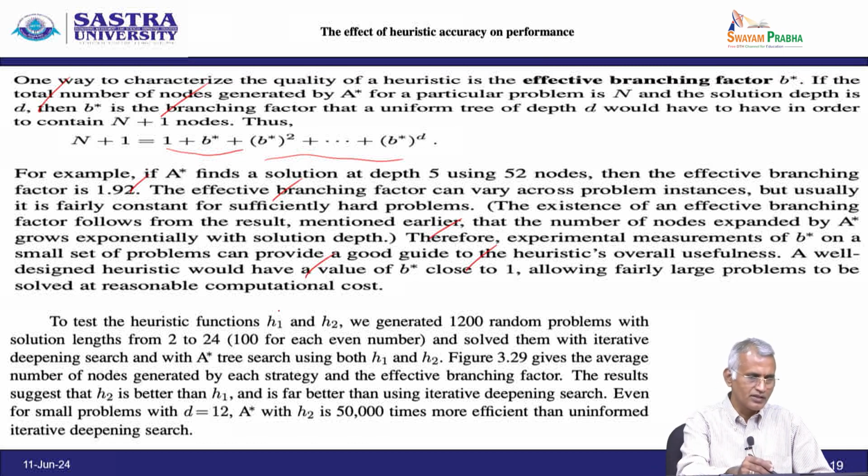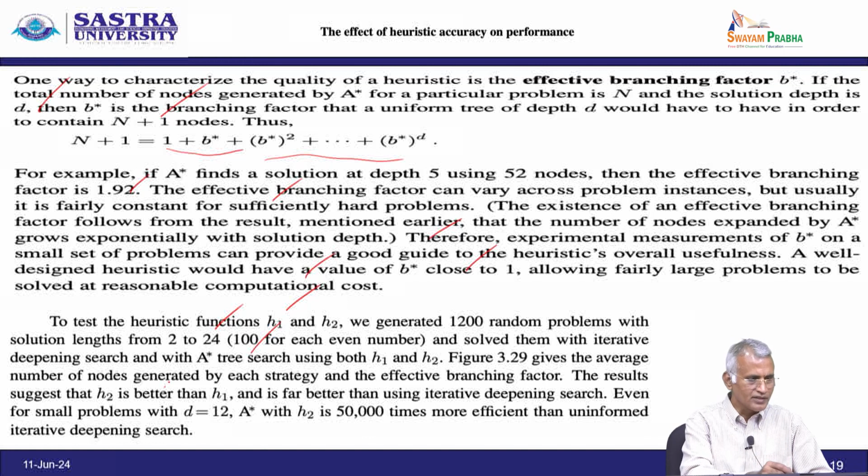To test the heuristic functions H1 and H2, we generated 1200 random problems with solution lengths from 2 to 24, 100 for each even number, and solved them with iterative deepening search and with A star tree search using both H1 and H2. The figure gives the average number of nodes generated by each strategy and the effective branching factor.